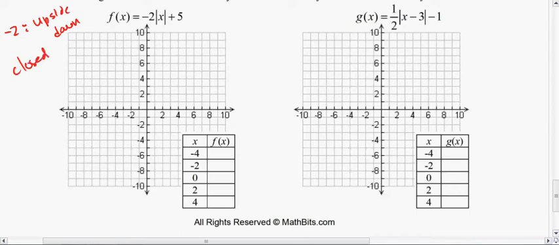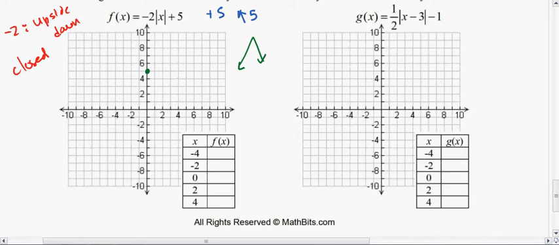And adding 5 means I'm shifting it up 5 units. Go ahead and graph the up 5 units first. I know my graph is eventually going to look like this, but it's going to start at 5, and we'll fill in the table of values to get the rest of the points.